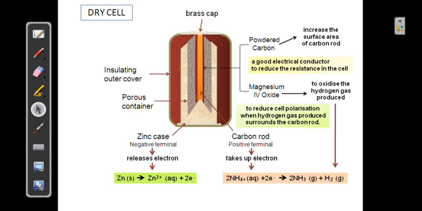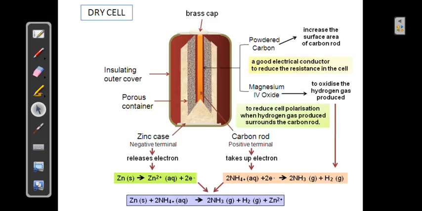So zinc and copper, which one is stronger? Which is more reactive? The zinc is more reactive. So that is how the electromotive force will take place to make the electrons flow.